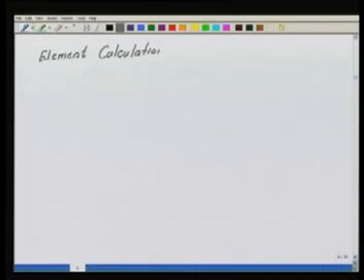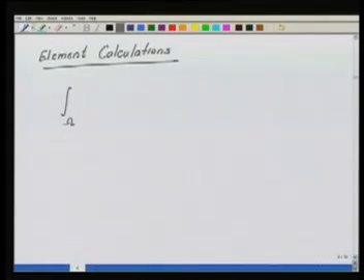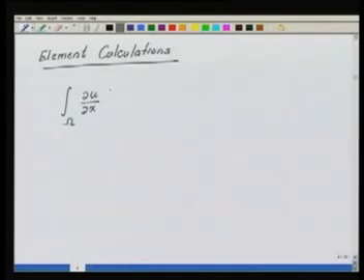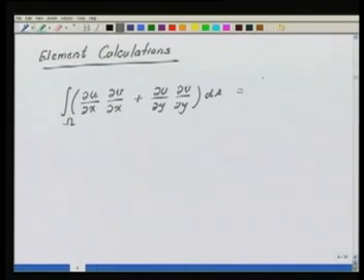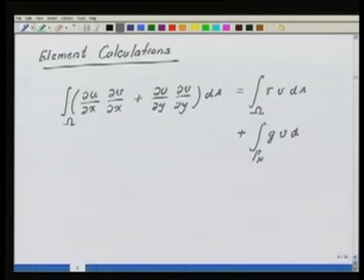So for the element calculations, what do we do? If you remember the weak form that we obtained, for the particular model problem that we have taken, the weak form would be the integral of del u del x del v del x plus del u del y del v del y dA, equal to the integral over the domain of RV dA plus, if you remember we had talked about the Neumann part of the boundary, the part where the flux conditions are specified, you will get the integral of GV ds.